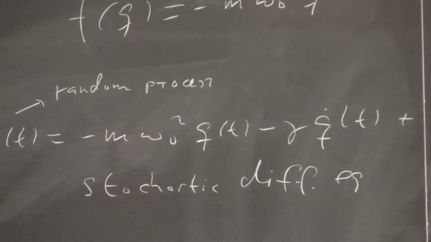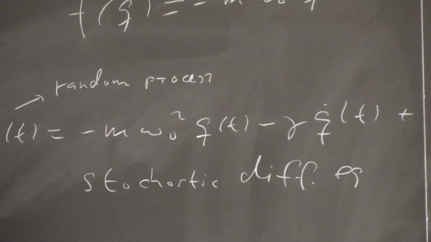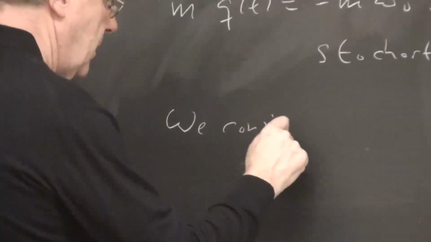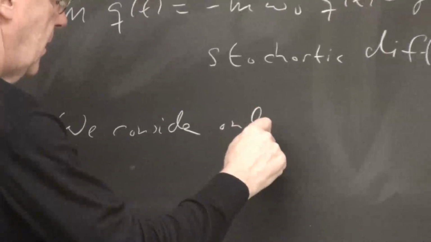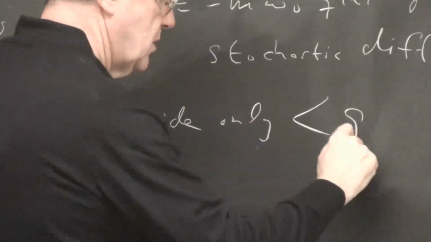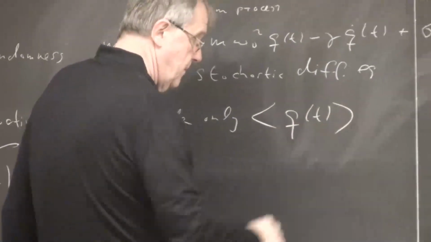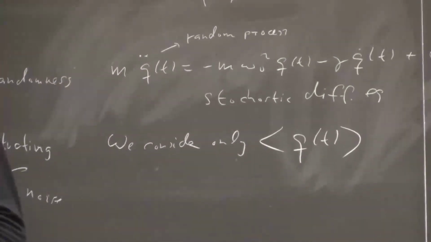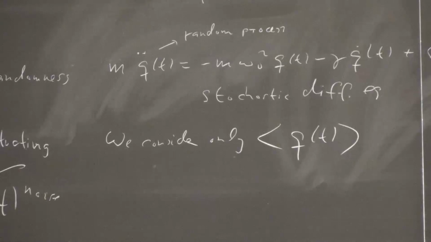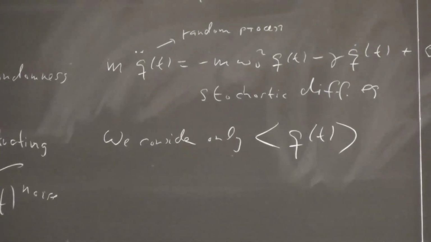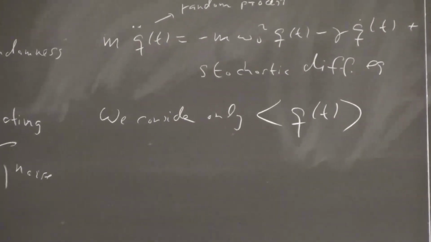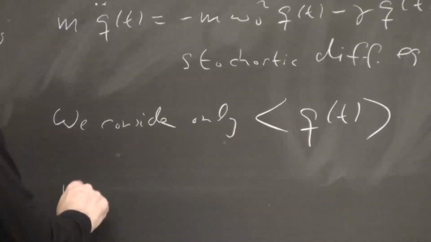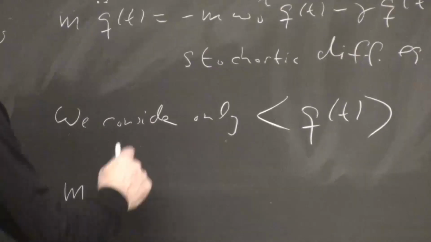But the moment we consider only the average of q, so we are not interested in the distribution and any particular value today and tomorrow, but we just would like to know the average, so we take the average here, and then it reads as follows. Taking the average is a linear operation.